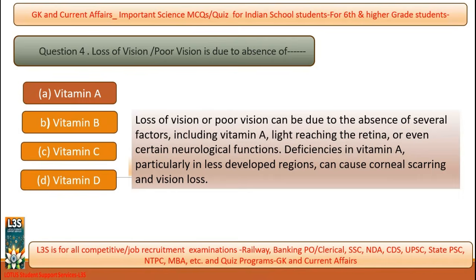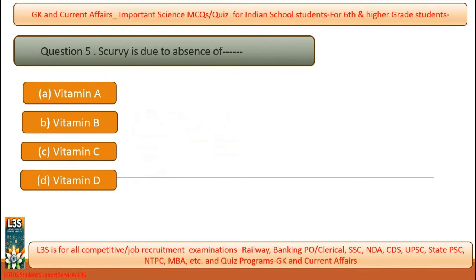So vitamin A is one of the major factors. Deficiency in vitamin A, particularly in less developed regions, can cause corneal scarring and vision loss.